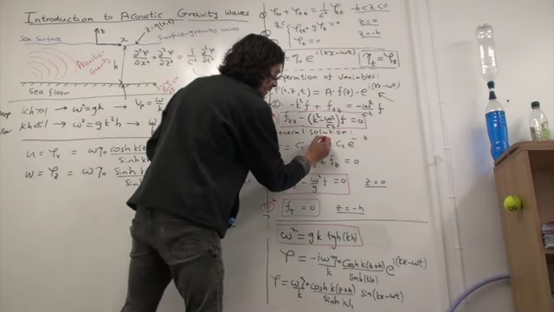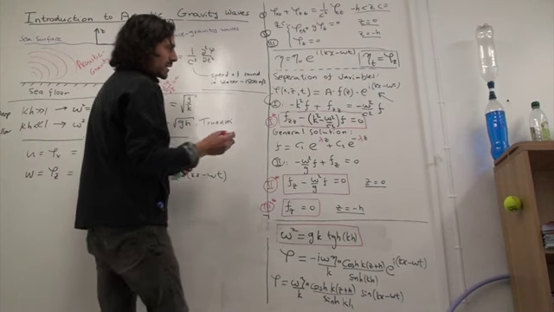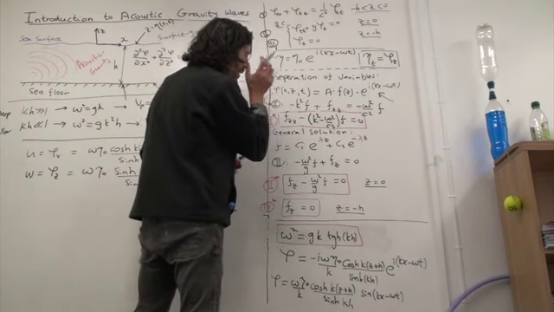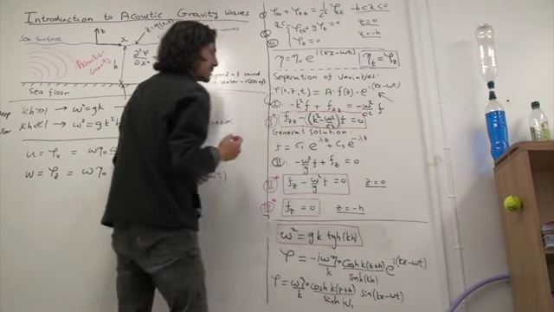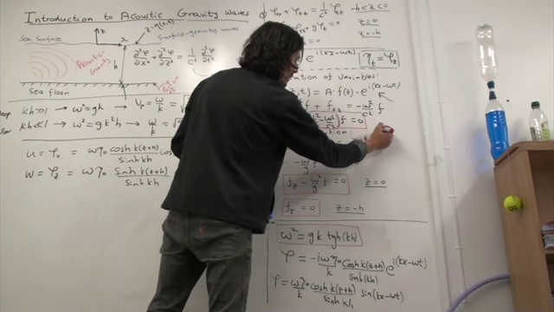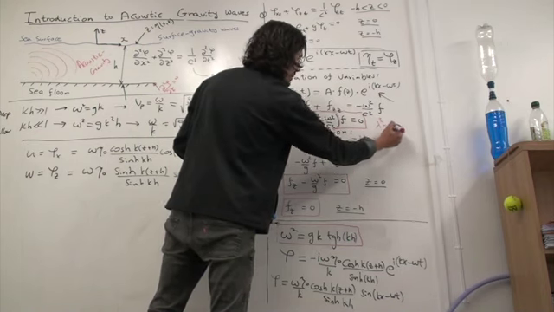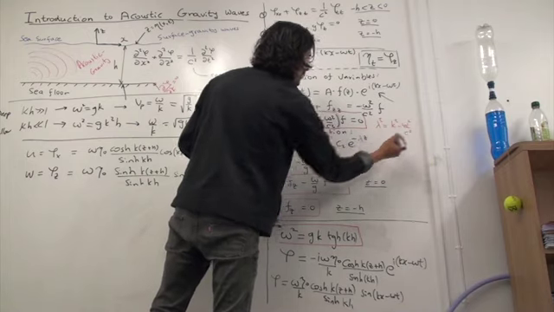It's going to be with lambda. And this lambda is defined as this. I'm going to write it here. So lambda squared is k squared minus omega squared over c squared.